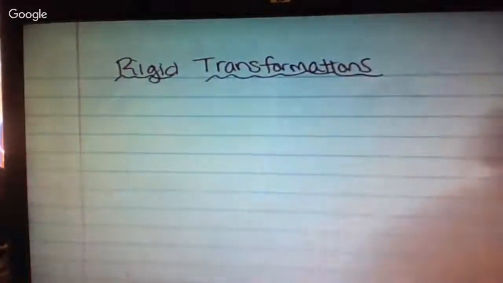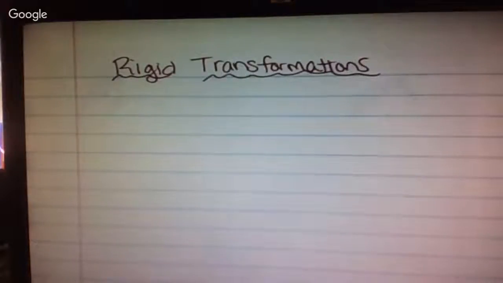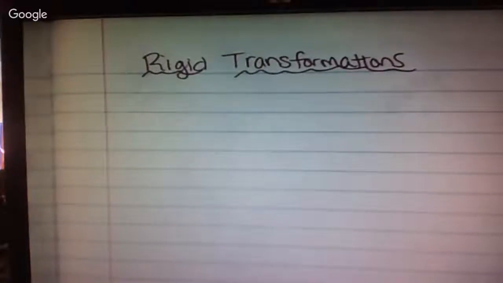The transformations page? Yeah, glue it in on page 18, if you did not do so already. That transformations page that we just filled out will go in on 18.